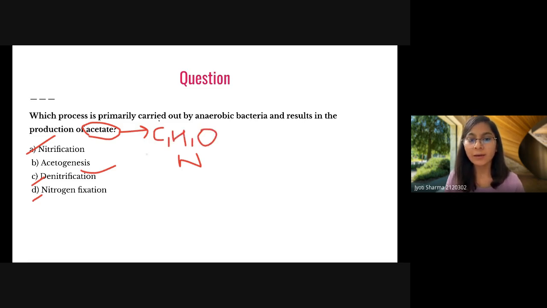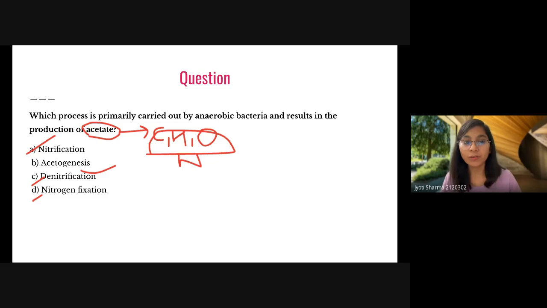So this is an organic compound that has CHO. So if there is the production of acetate, it means we do not have nitrogen, right? Then nitrification, denitrification, and nitrogen fixation should not be among the right answers. The only answer that we have is acetogenesis.